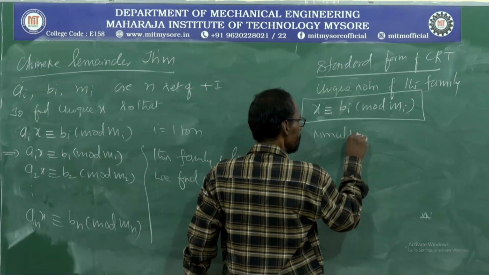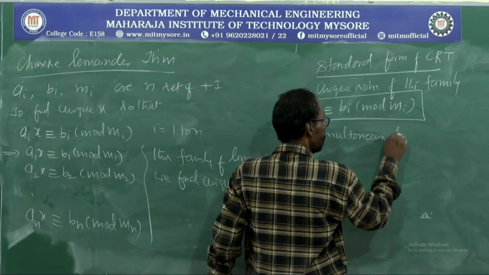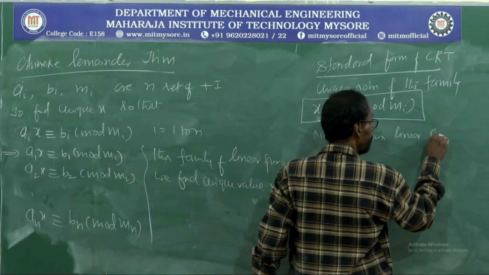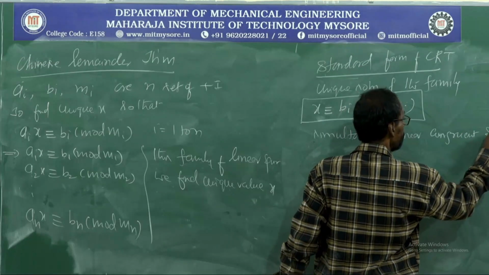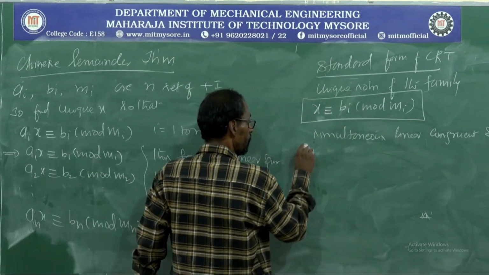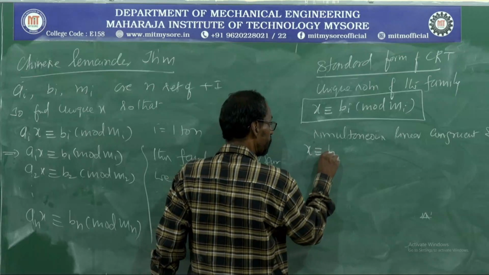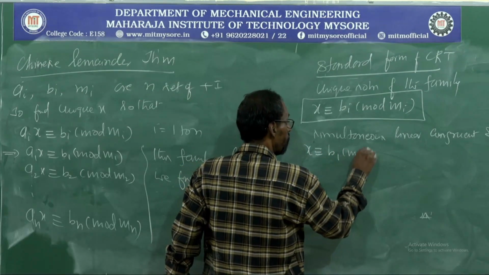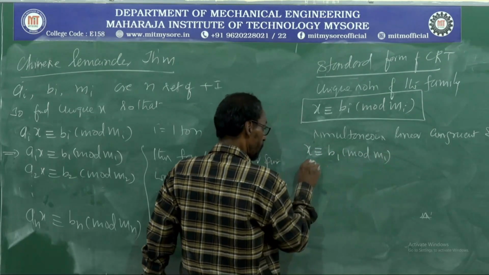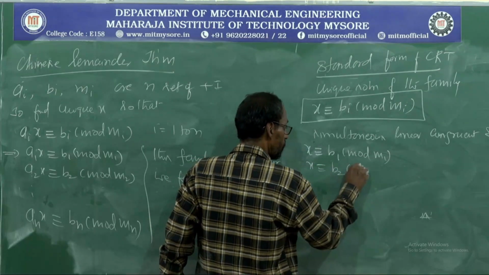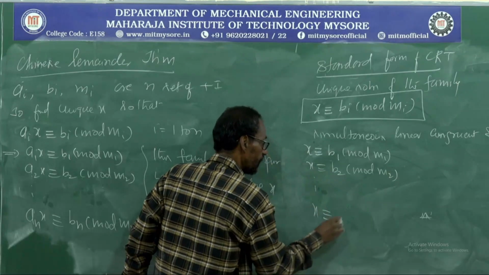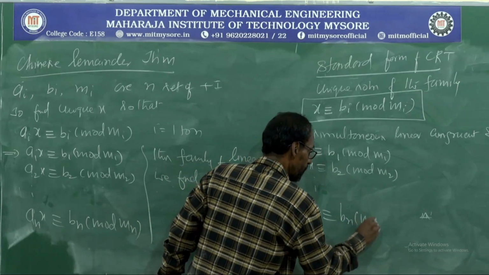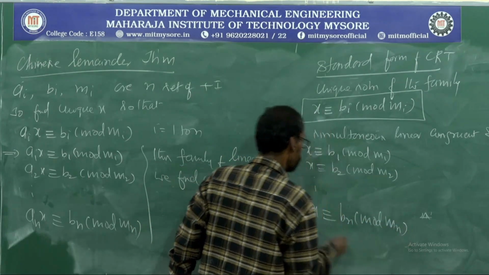Simultaneous linear congruent equations. It will be x is congruent to b1 mod m1, x is congruent to b2 mod m2, etc., x is congruent to bn mod mn.